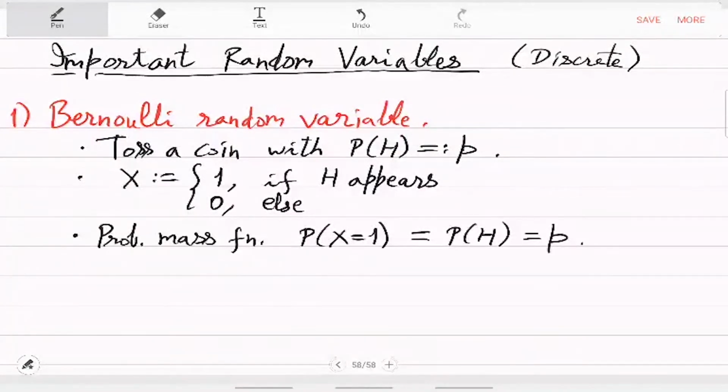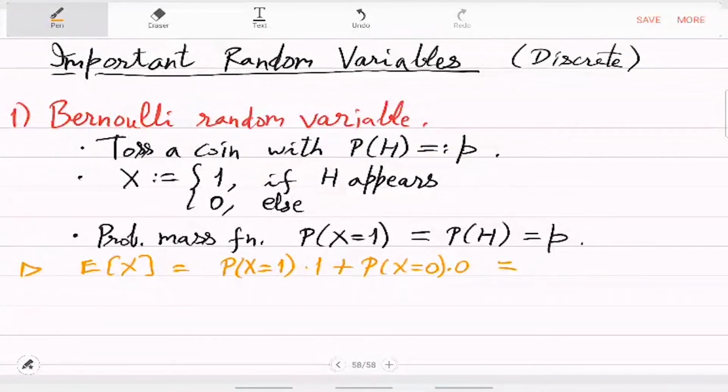Okay, and for X equal to 0 the probability is 1 minus p, and you have this property that expectation of X is probability of X equal to 1 times 1 plus probability of X equal to 0 times 0, which is equal to just p. p is the expectation, right.